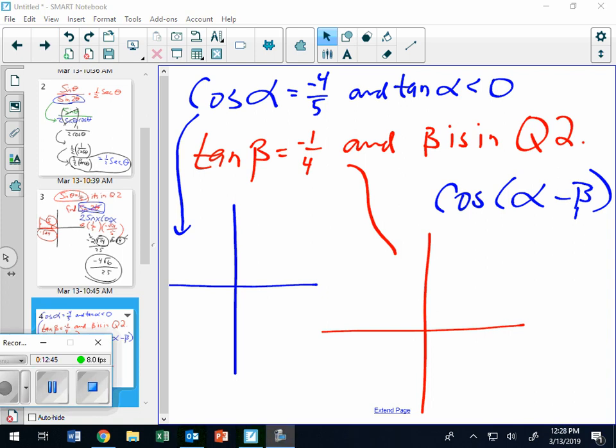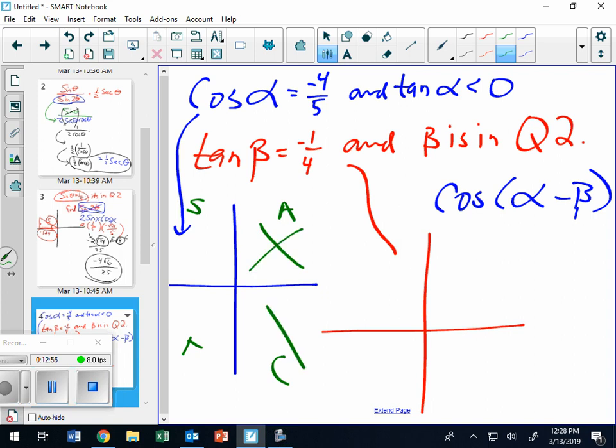Okay, on this one, cosine is negative. That tells me right away that it can't be here and it can't be here. That's how you should think that through. And then if tangent's negative also, then you should be able to say it can't be here, and therefore it must be here.